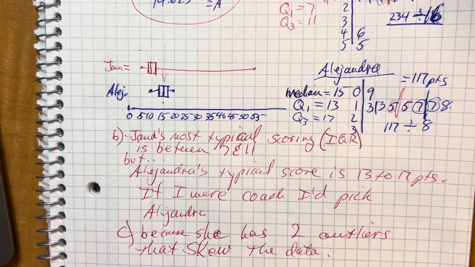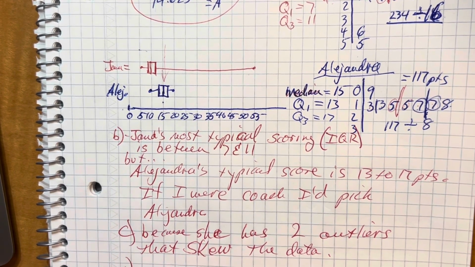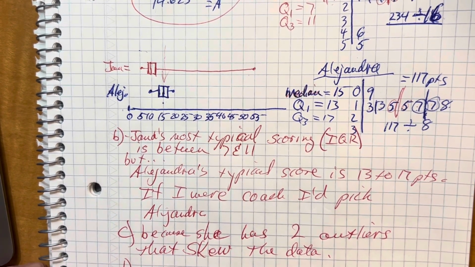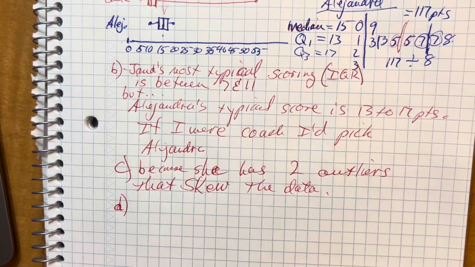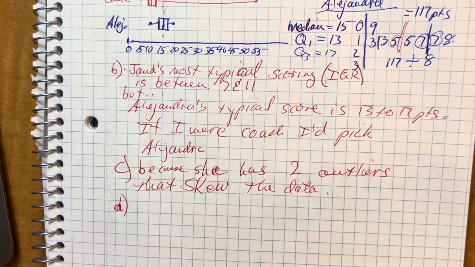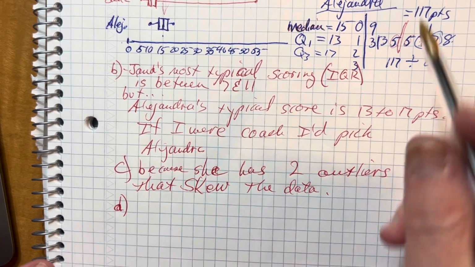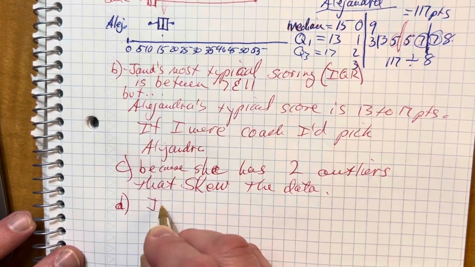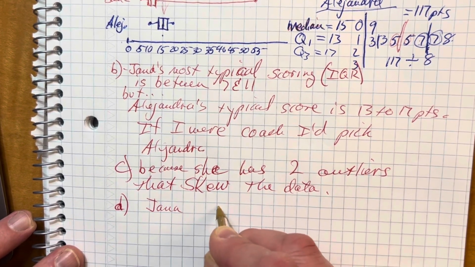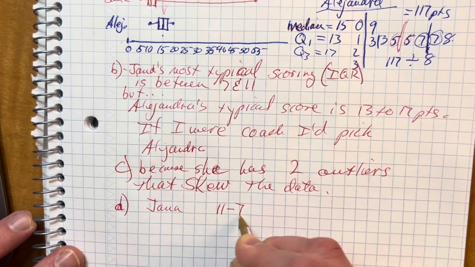Calculate the IQR measure for part D, to measure the variability of each girl's performance. Well, let's see. For Jana, it is 11 minus 7.